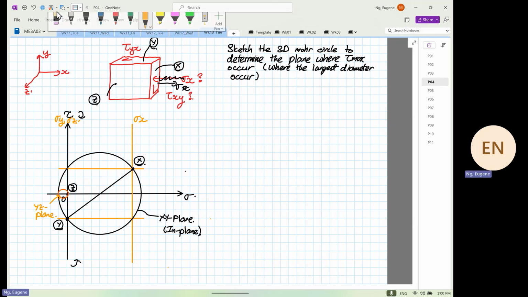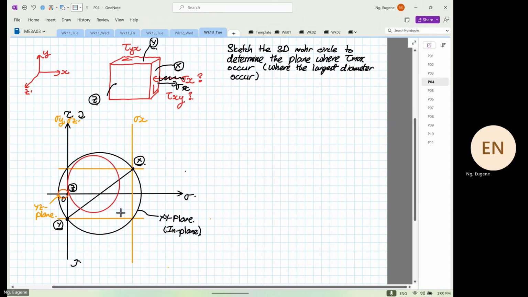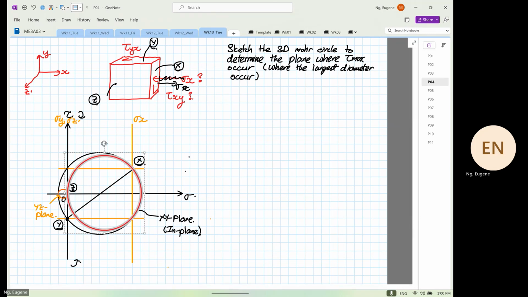And the last circle that I'm going to sketch, this circle belongs to our XZ plane.